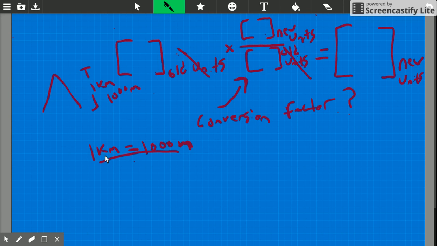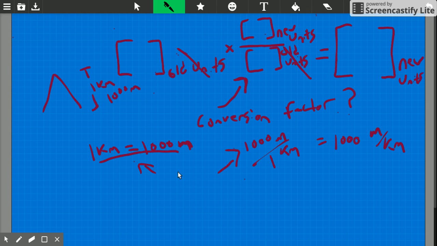Another way of saying 1 kilometer is the same thing as 1,000 meters is to say there's 1,000 meters per kilometer. So an expression in this form can also be expressed as a ratio of those two numbers.